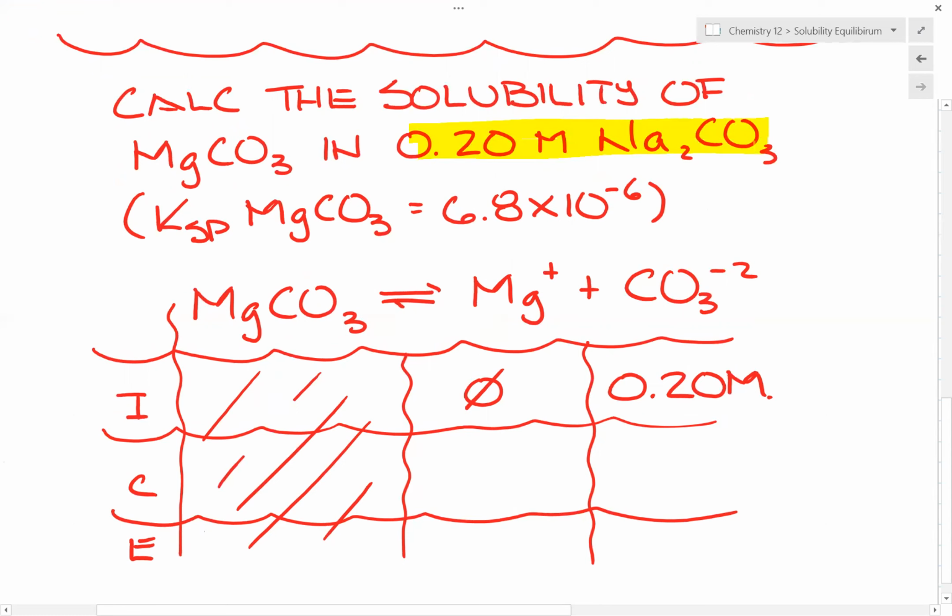The sodium carbonate produces CO3, which is the common ion, and that's how we get this concentration. How did I know it's 0.2? Because when you break it apart into dissociation, it's 1 to 1 for CO3, and so you get 0.2 molarity.